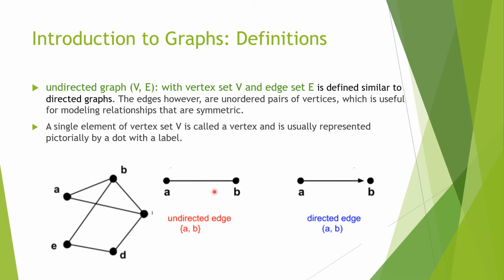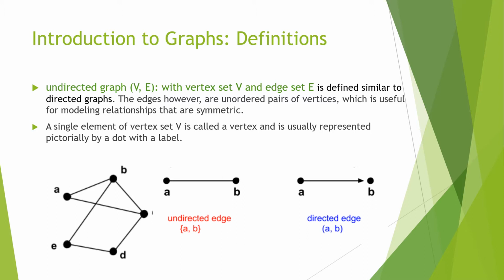This is an undirected edge between A and B. And the way of representing this edge is to use the set roster notation and write {A, B}, because if you remember, in the set roster notation, the order of writing elements doesn't matter. That's why we use it for undirected edges.